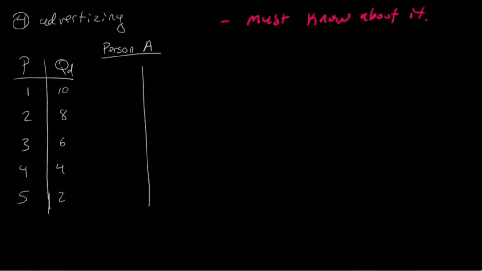So we do our little y-axis here. In economics, we always put the price on the y-axis and the quantity demanded on the x-axis. That's just the way we do it. Even though price is the independent variable in this case, the independent variable normally goes on the x-axis. In economics, we do it the opposite way.